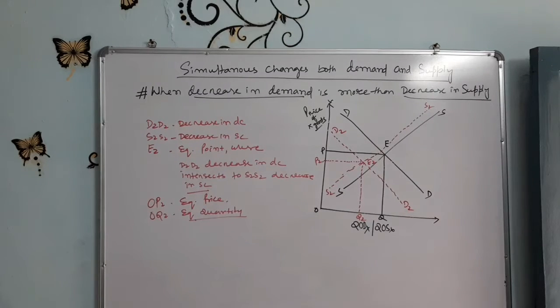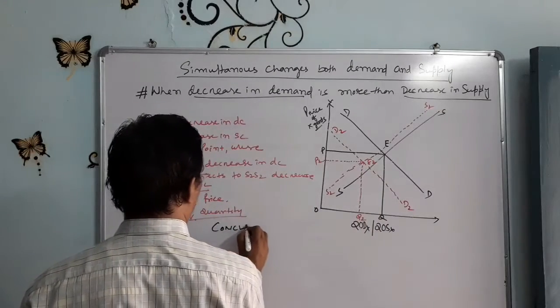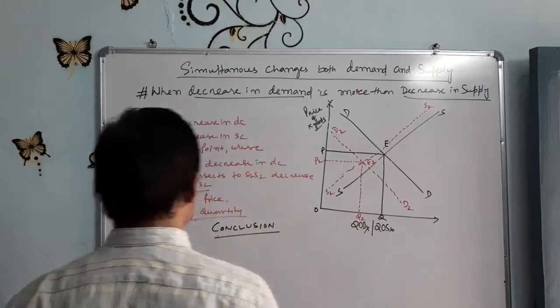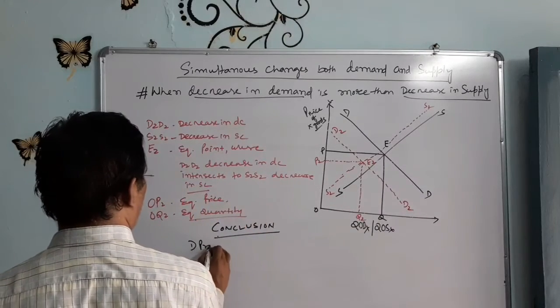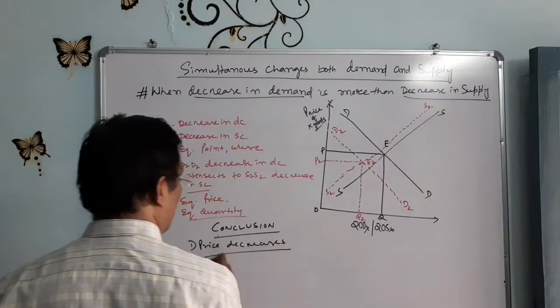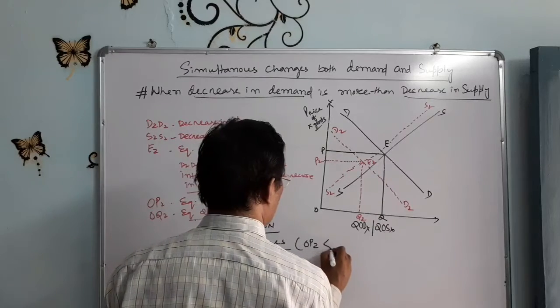So now, what is the effect on price and quantities? Conclusions, that we may write here, conclusion or effects. Number one, price decreases, because from this diagram we come to know that OP2 is less than OP.